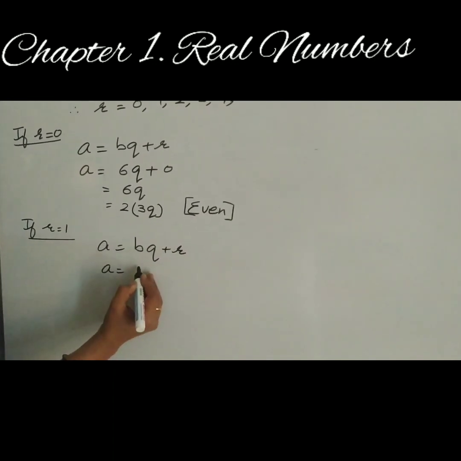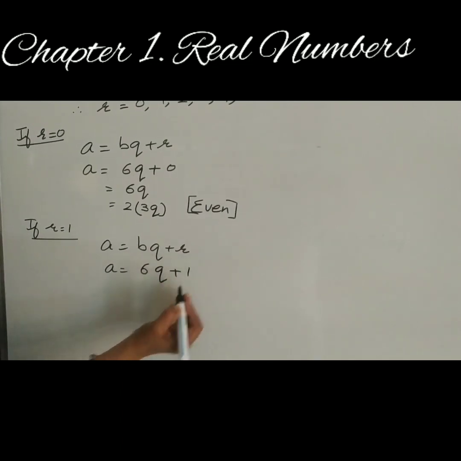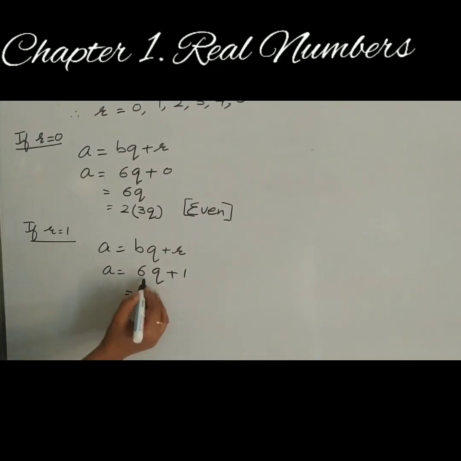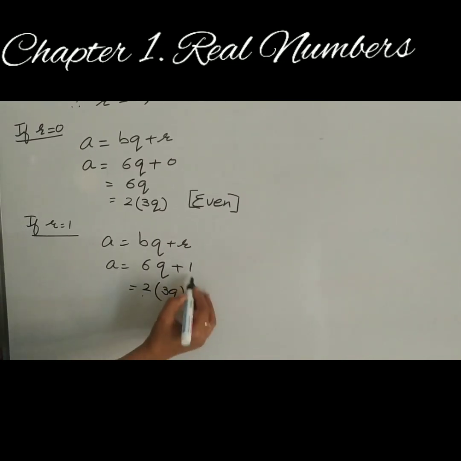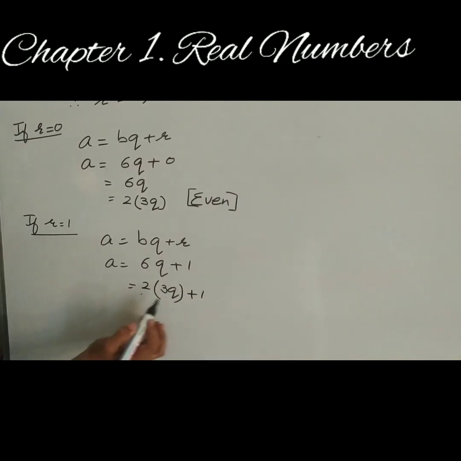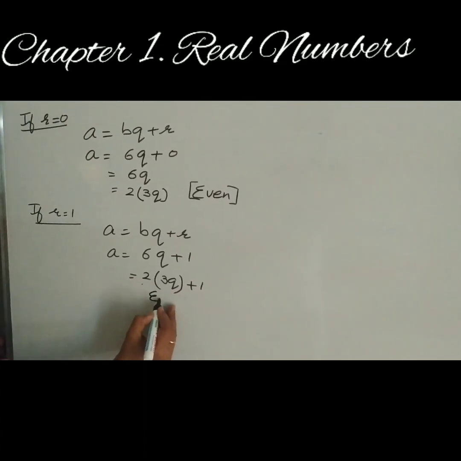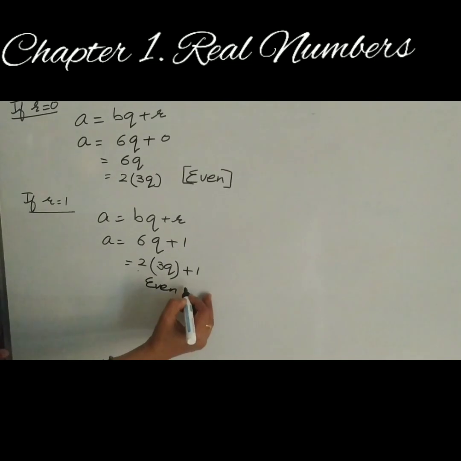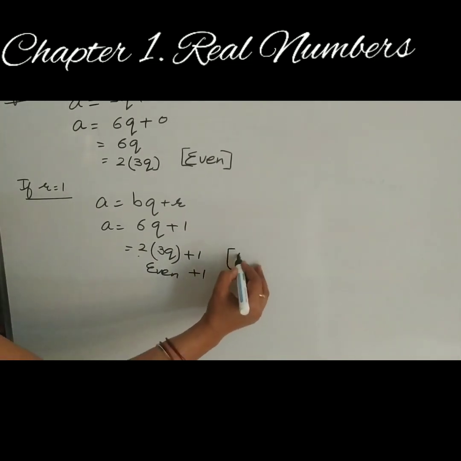What was the value of b? It was 6. And the remainder is 1, which we have considered. Again 6q, that is this, and plus 1 like this. Now 2 into 3q, this is even. And if you add 1 to any even number, you always get odd.